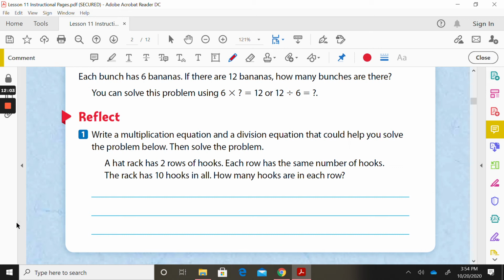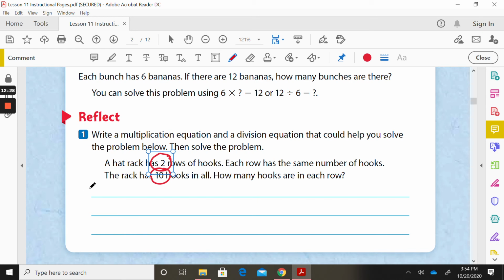So we know that we have the number 2 and the number 10 to work with here. Let's think about how we could write a multiplication and division equation with an unknown number, because we have to have 3 numbers to make the equation. But we're going to use a question mark for the unknown.